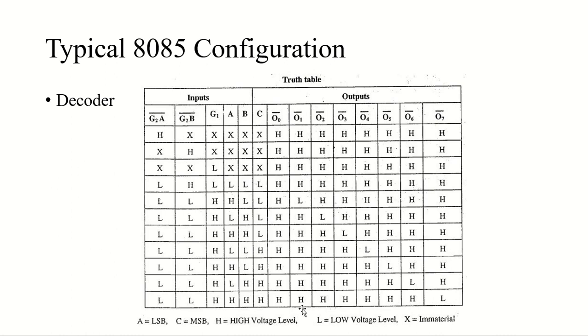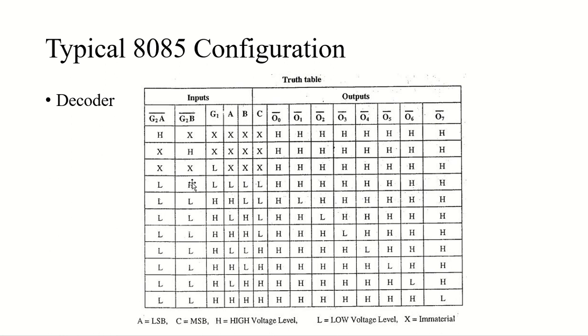Where H indicates the high voltage level, A indicates LSB, C indicates MSB, least significant bit and most significant bit. L indicates low voltage level, and X stands for immaterial, right?